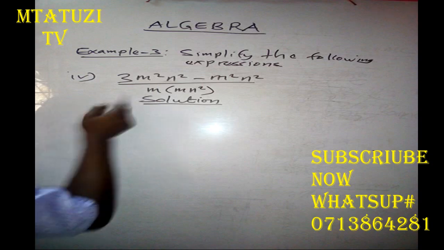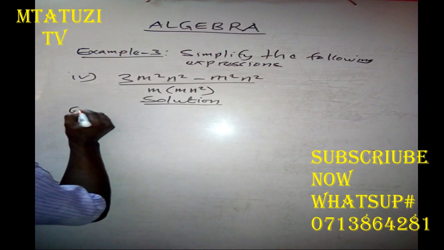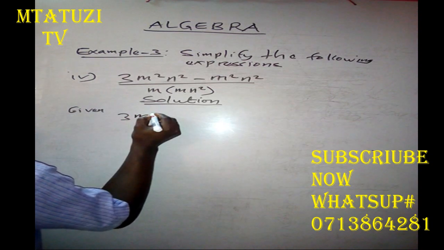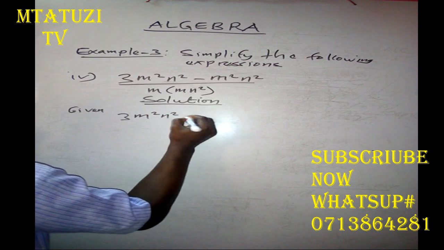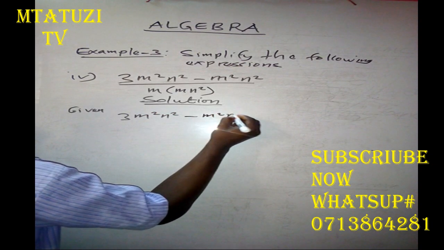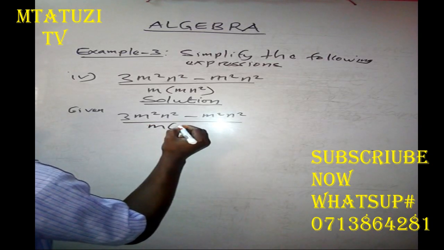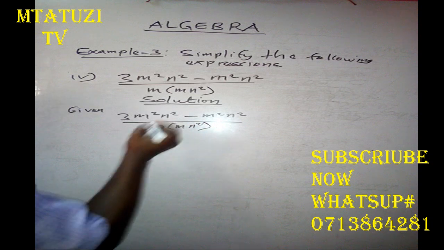In order to simplify this one is as follows. You are given 3m power 2 times n power 2 minus m power 2 times n power 2, divided by m in bracket m n square. So now you are required to simplify.